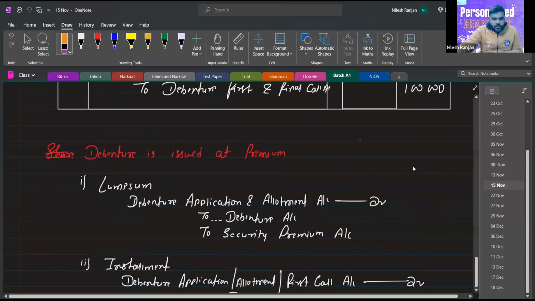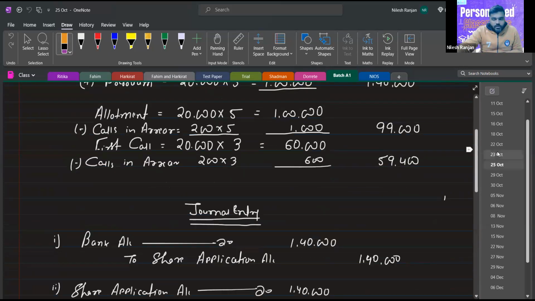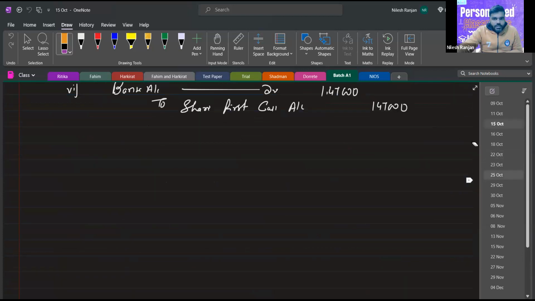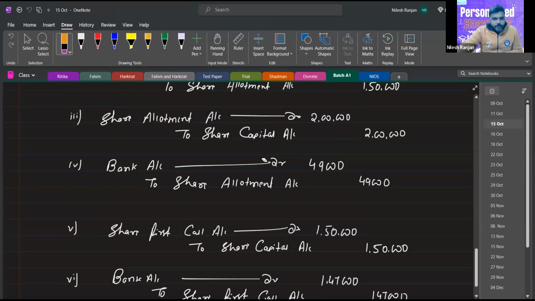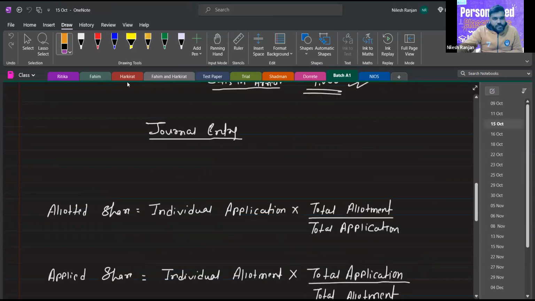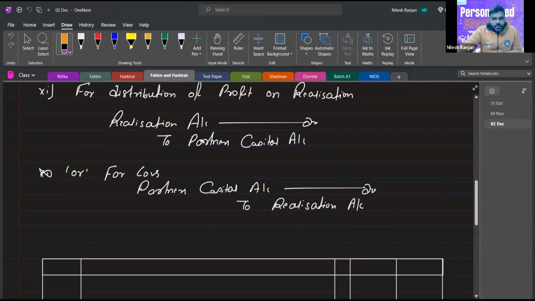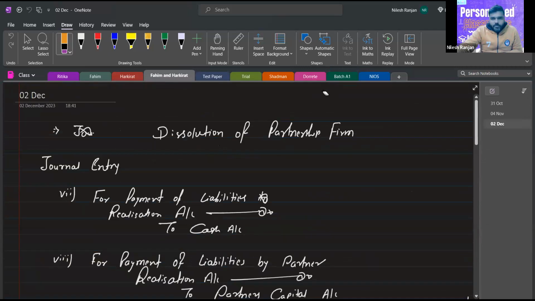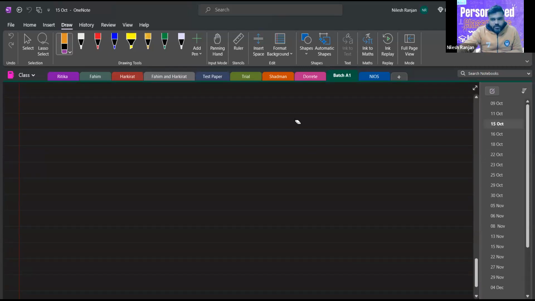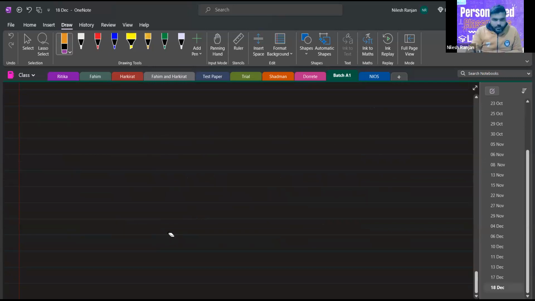Yes or no? I'm not seeing any format here. Okay, I will show you the format once I have found it.